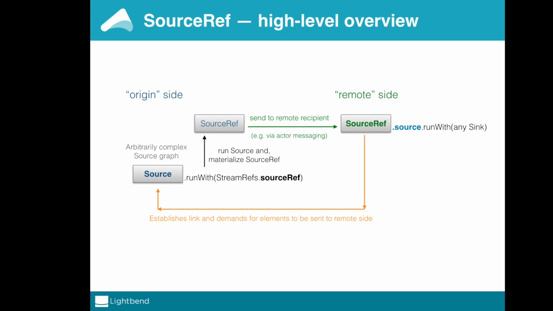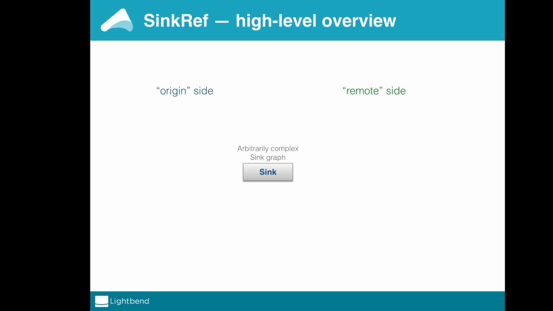So it would be something like dataOffer.source.runWith(mySink). And then we establish this connection in the background. You're done. So code-wise, it's basically 3 operations. Materialize the source on the left-hand side, send the materialized SourceRef, and then just run it. Everything else is happening automatically.